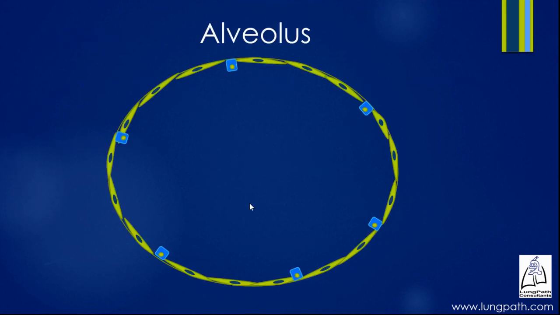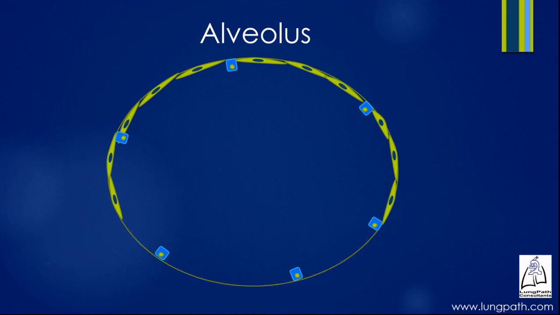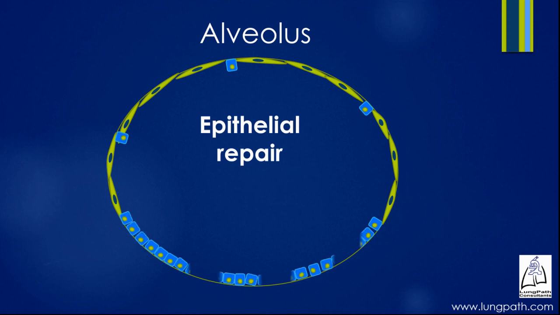Let's look at one of these alveoli. And we see that an injury has occurred in this patient, and the epithelial type 1 cells have become damaged. These will actually disappear, and in their place, the type 2 cells will proliferate to fill the gap and later flatten out and reconstitute the type 1 cell lining.